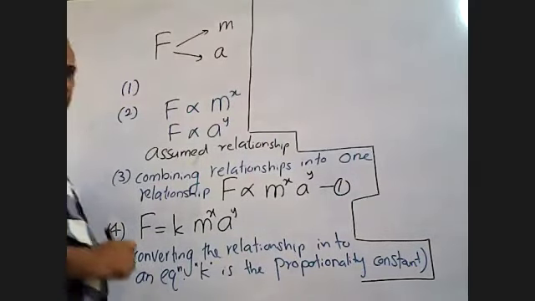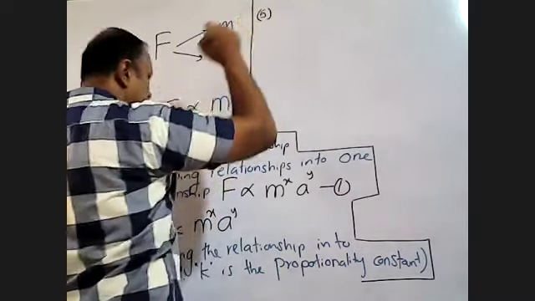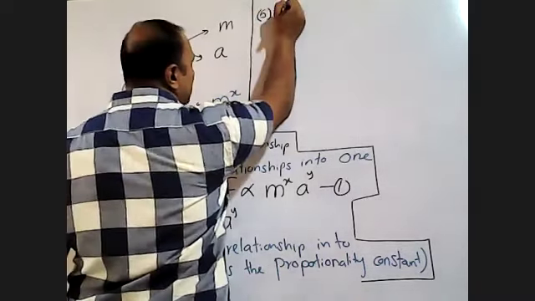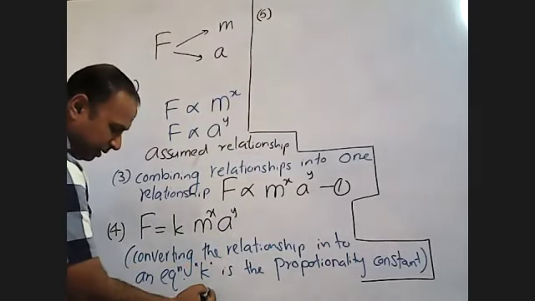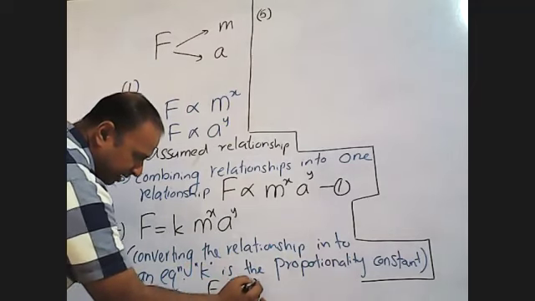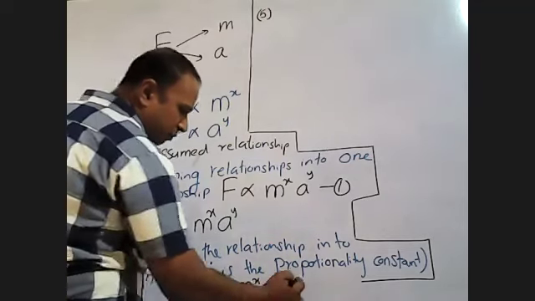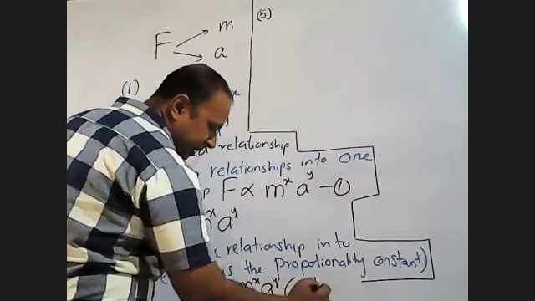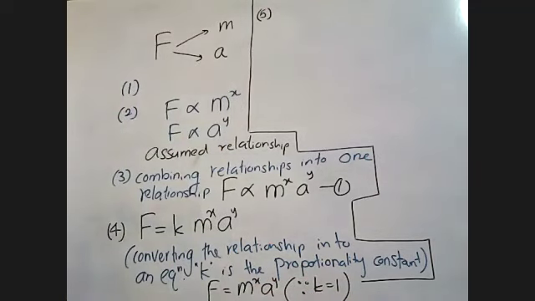Then the fifth step is F is equal to M to the power x, A to the power y, because k is equal to 1. K is equal to 1, it is given.